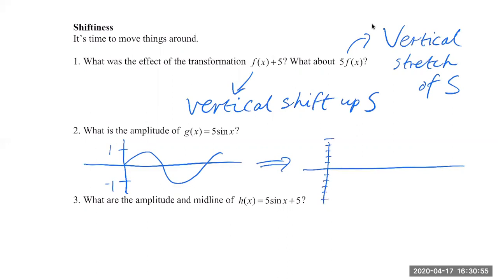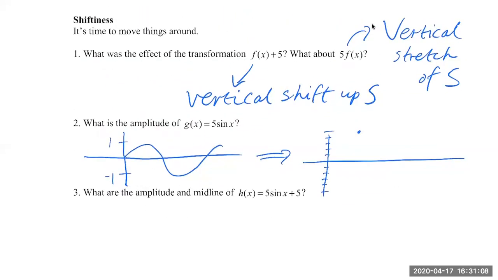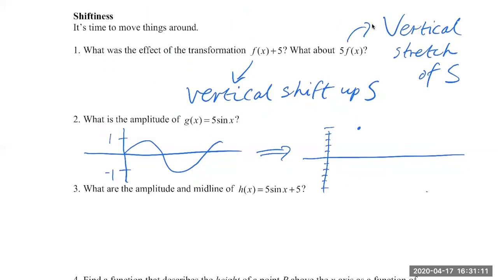The interesting thing with the cosine is that not only do we get pulled up to 5, we also get pulled down to -5. And the real thing there is that the amplitude is what is impacted by that vertical stretch. So the new amplitude is now 5.